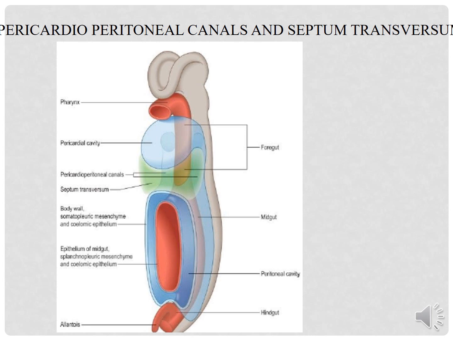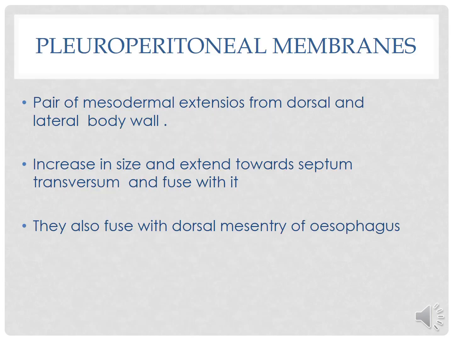The green structure shown here is the septum transversum, and on both sides of it dorsally we can see the pericardio-peritoneal canals, and the peritoneal cavity, the blue structure, lying below. So this is the position of the septum transversum.